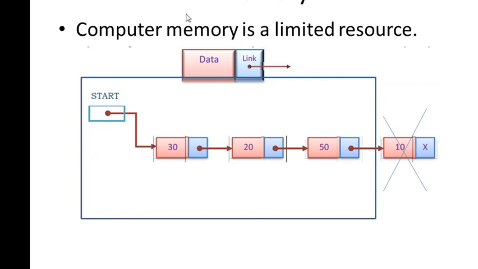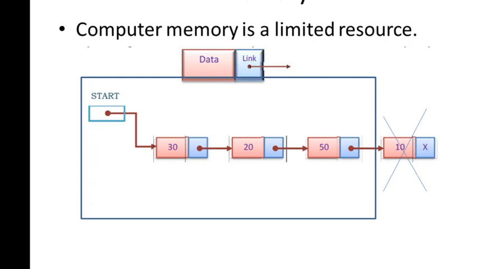Let us move on to the representation of the single linked list. Computer memory is a limited resource. Therefore, some mechanism is required where the memory space of a deleted node becomes available for future use.